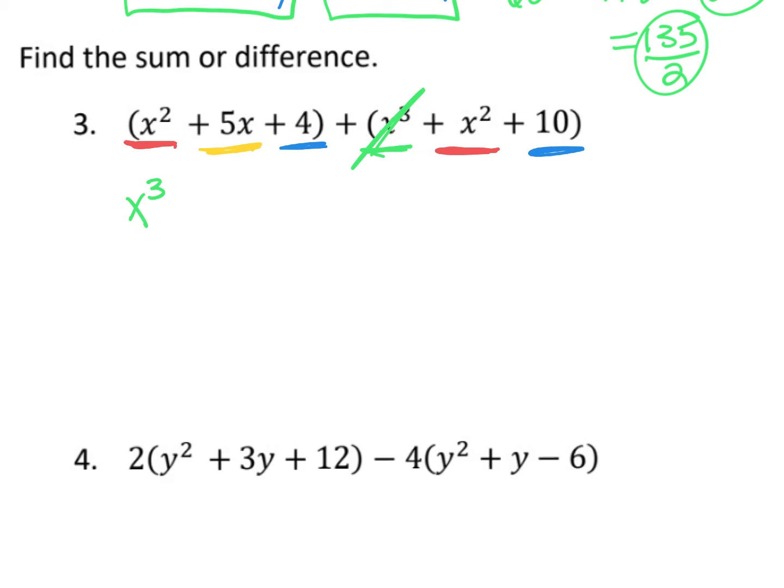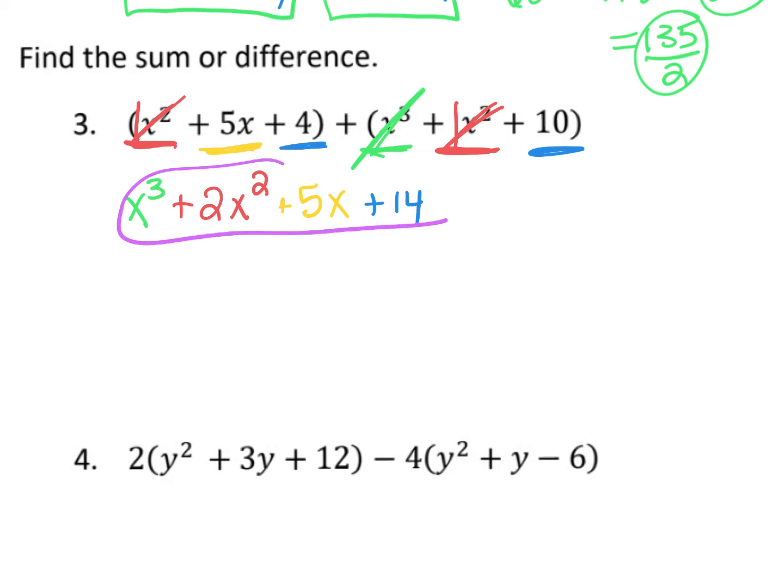Next, I'm going to do my x squared. So I have 1x squared plus 1x squared equals 2x squared. Then I'm going to bring down my 5x since it doesn't have anything to add to it. And then 4 plus 10 is 14. So my final answer is going to be x cubed plus 2x squared plus 5x plus 14.